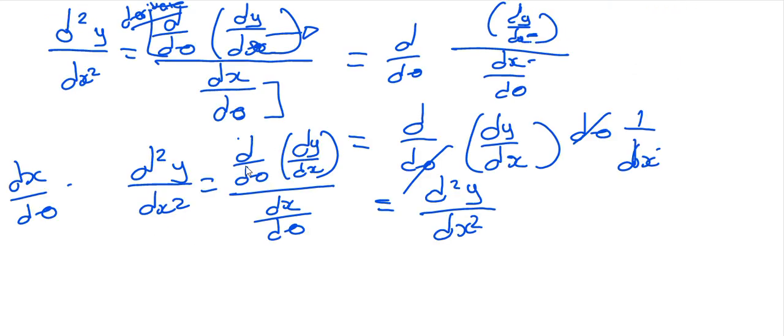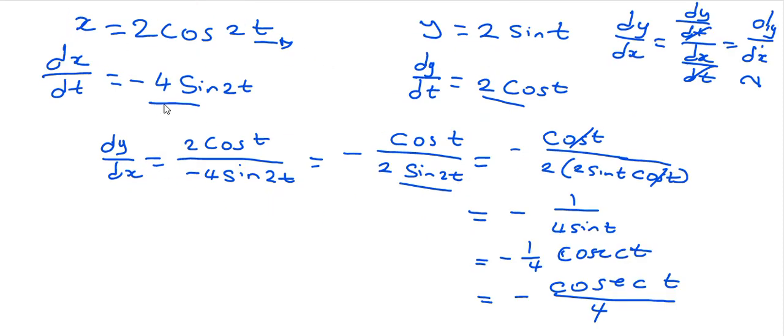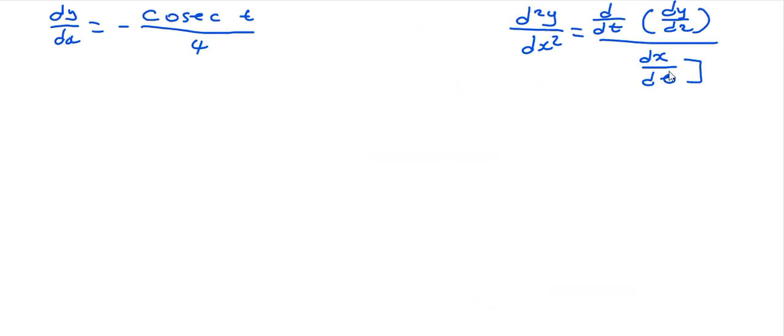Remember, we did have this one. The dx over dt is this one, and our dy over dt is this one. But we are going to focus on the dx over dt. Sorry, here is supposed to be t. So remember, here we're supposed to derive our top, and put the dx over dt below.